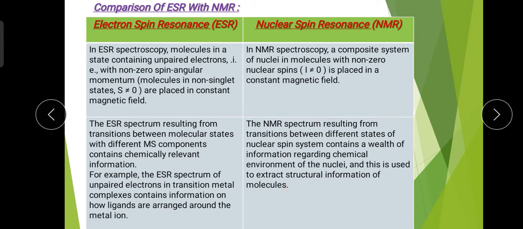In NMR, an important factor is the nuclear spin, and there is a transition between different states of nuclear spin, that means states having two different nuclear spins. Only between those states is there a transition, and due to that we obtain a wealth of information regarding the chemical environment of that nuclei. In this way we can obtain structural information about the sample in NMR. So this is the difference between ESR and NMR.